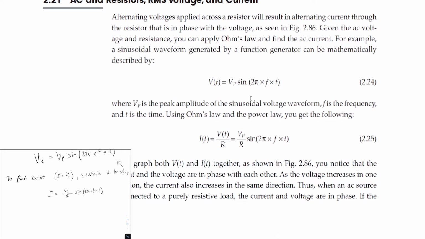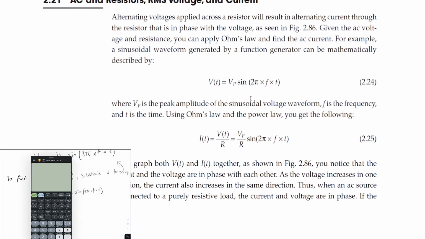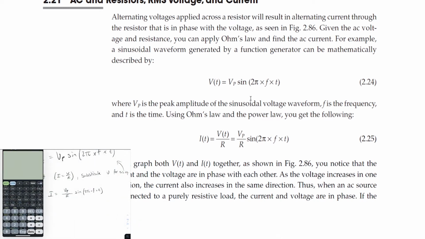Okay. A good way to know this would be to do it on a calculator: do they both work out to be the same, whether it's VP over R or all of this over R? Because if it works out to be the same, then I'm wracking my brain for nothing.